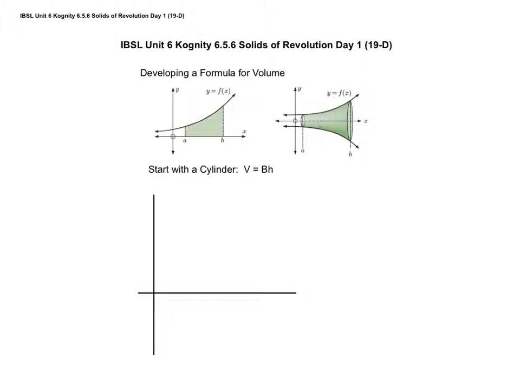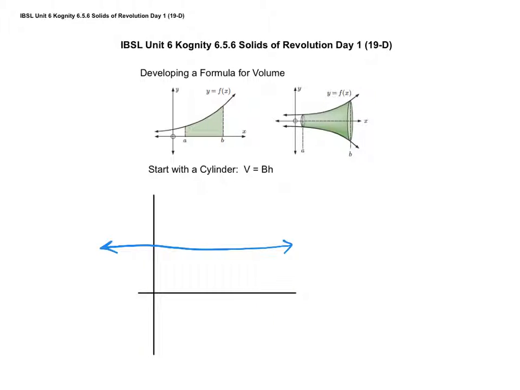Now a cylinder has a volume of the area of the base times the height. Now if I were going to create a cylinder by this method, a cylinder is the same radius the whole way of its height, right? So that means my function would be a constant.